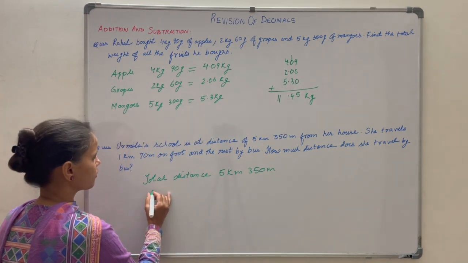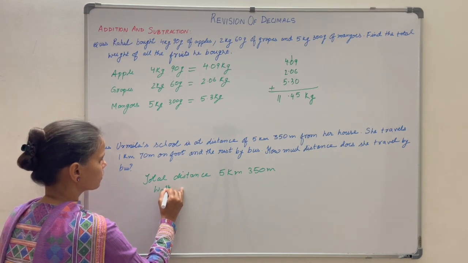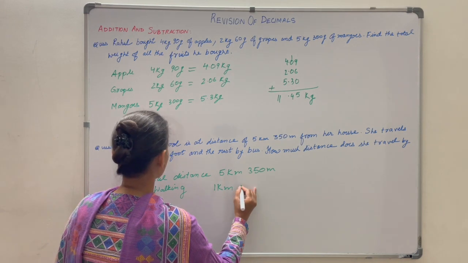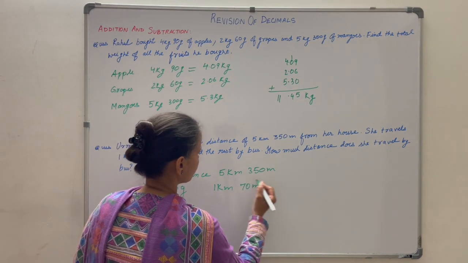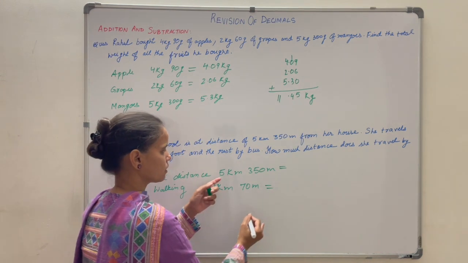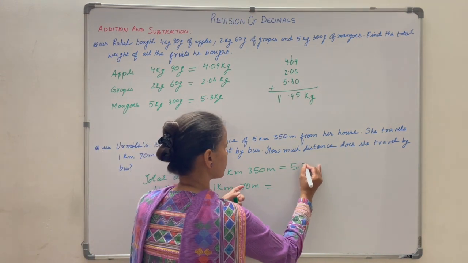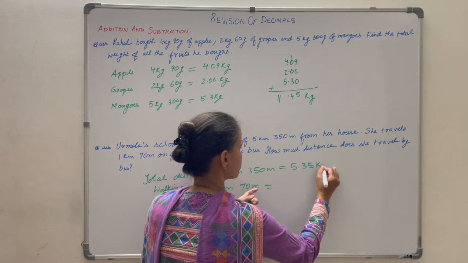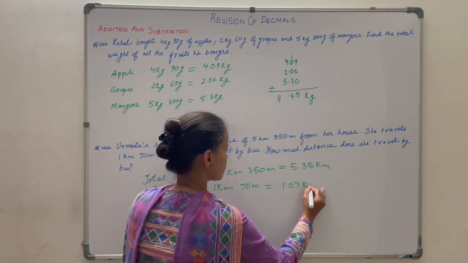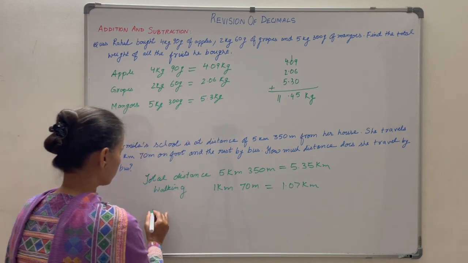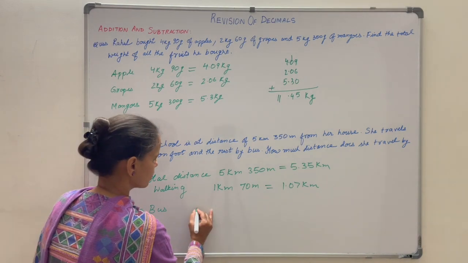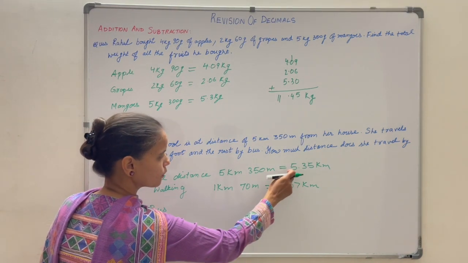And how much does she cover by walking? She covers 1 kilometer and 70 meters by walking. Let us write down both in kilometers. So this is 5.35 kilometers and this is 1.07 kilometers.